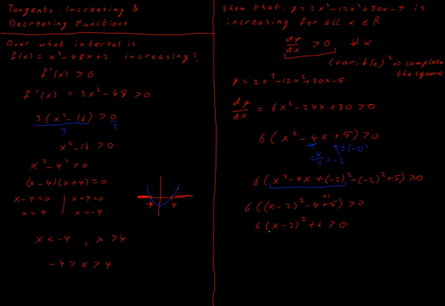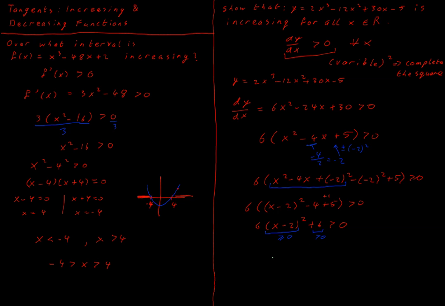Now, the smallest thing that can come out of this part is 0. When x is 2, this is going to be 0. So this is always going to be greater than or equal to 0. For any other value of x, we're going to end up with some number squared, which is going to be bigger than 0. And then that plus 6 is obviously a constant. It's greater than 0. Therefore, the combination of the two must be greater than 0.